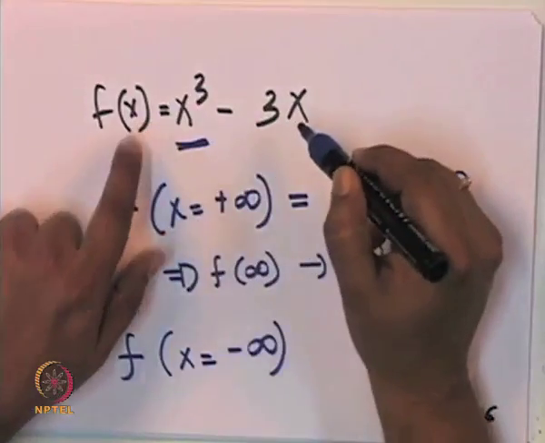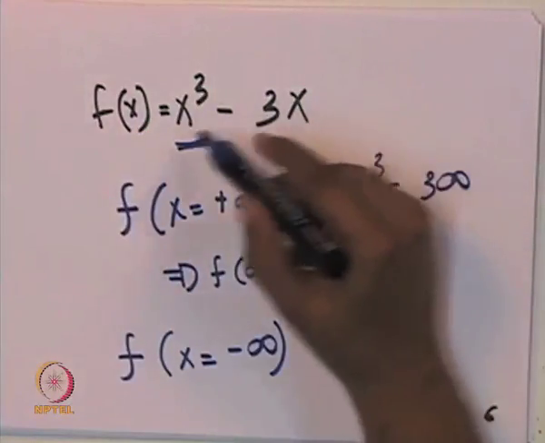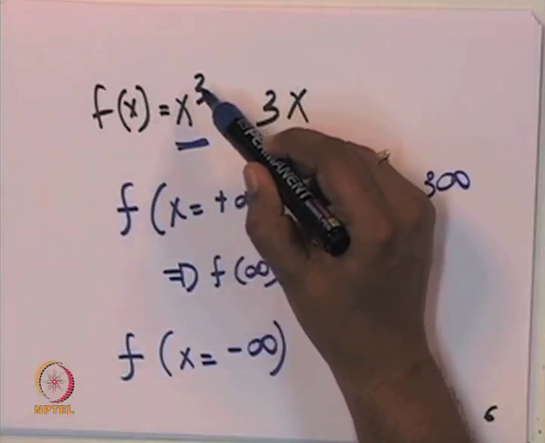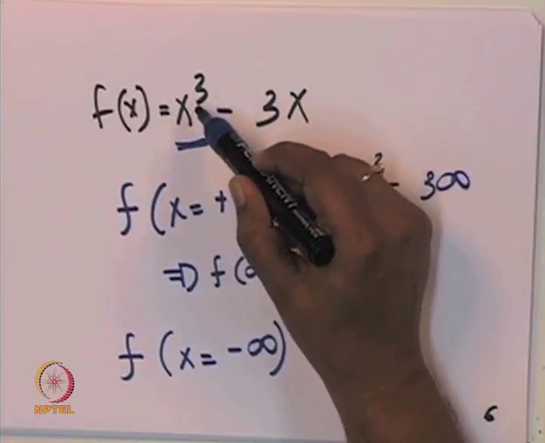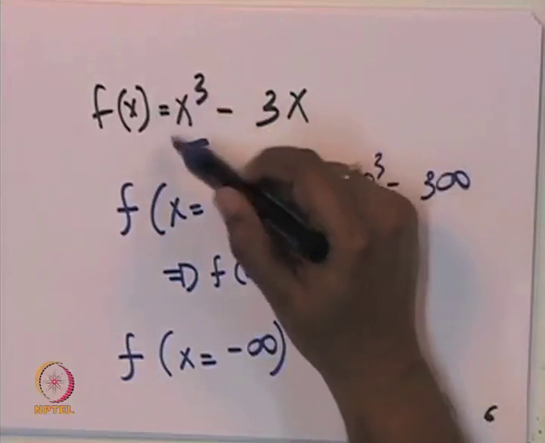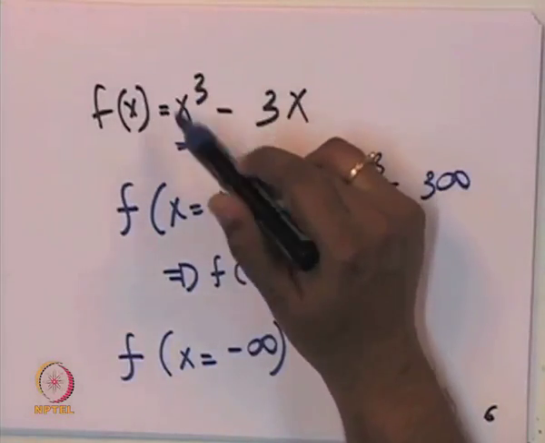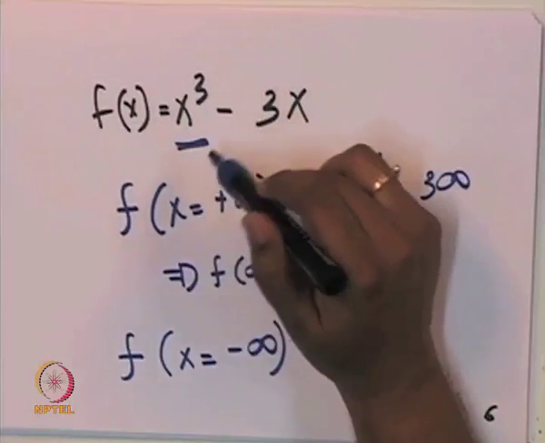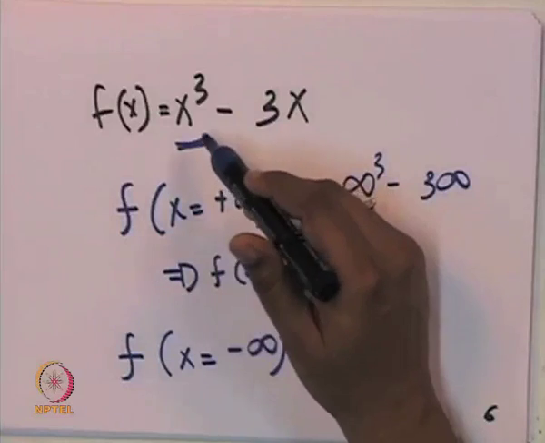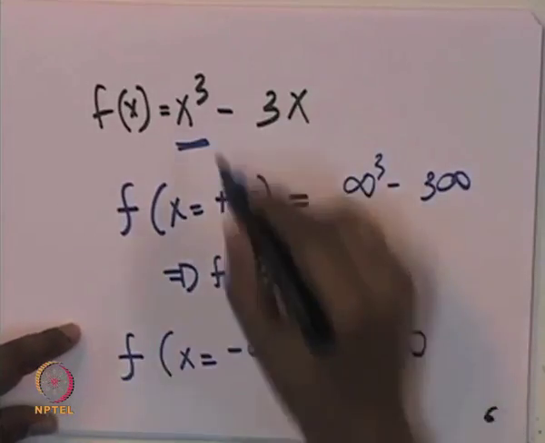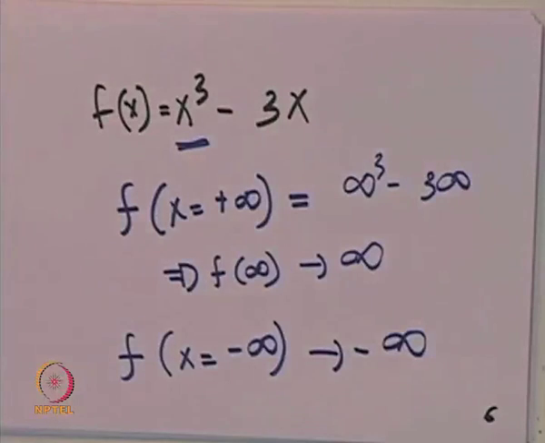When x is very large, for example if x is 10, x cube is 1000 and x is just 10, so 1000 is much larger than 10. Whatever the sign of this 1000, that will be the dominating sign. So, as x goes to minus infinity, this function goes to minus infinity, because this is how a cubic function goes.